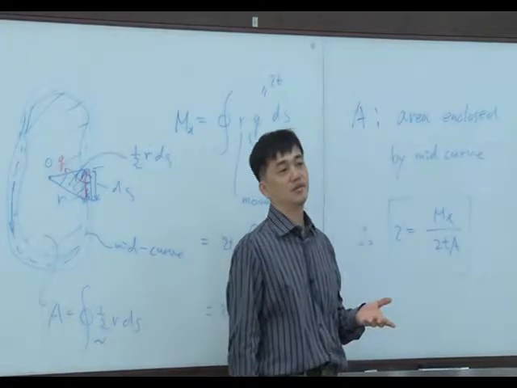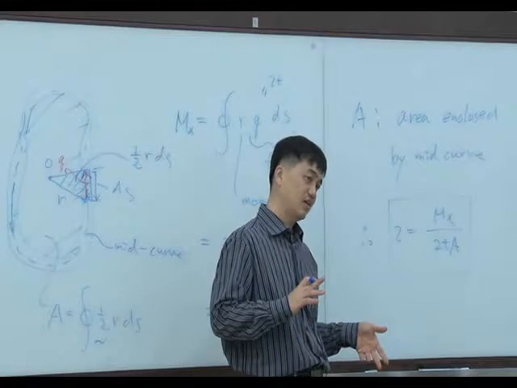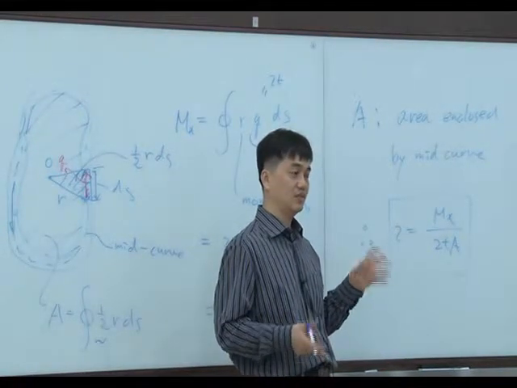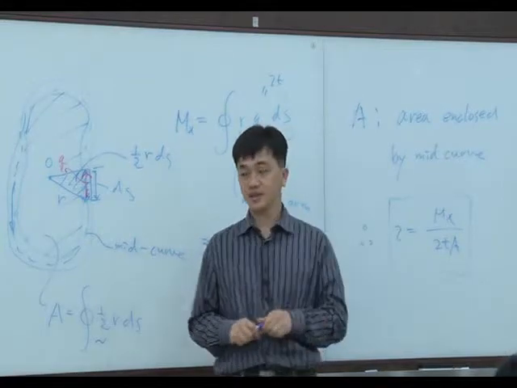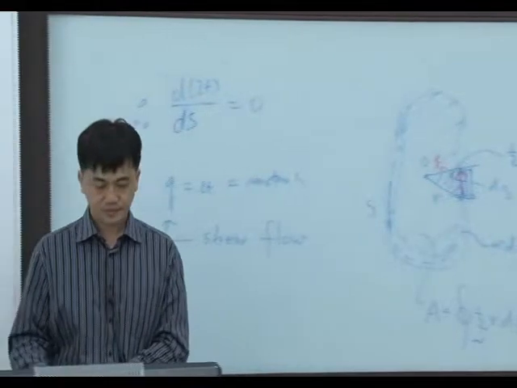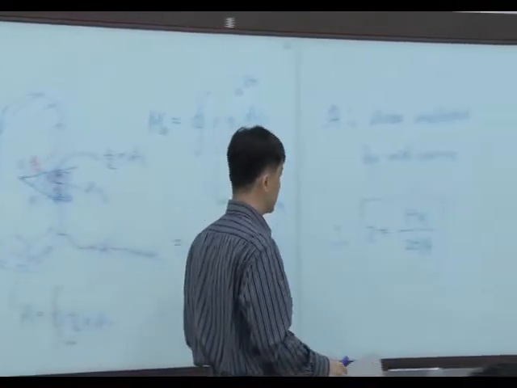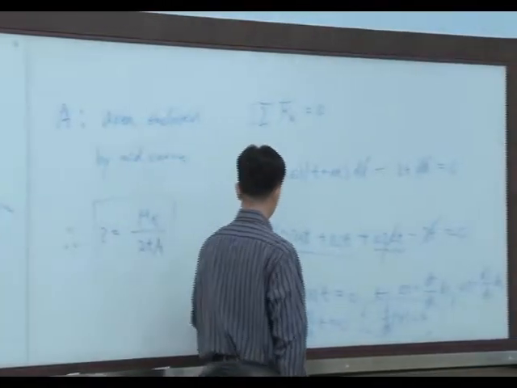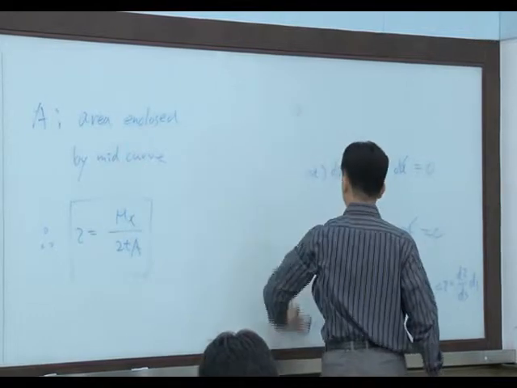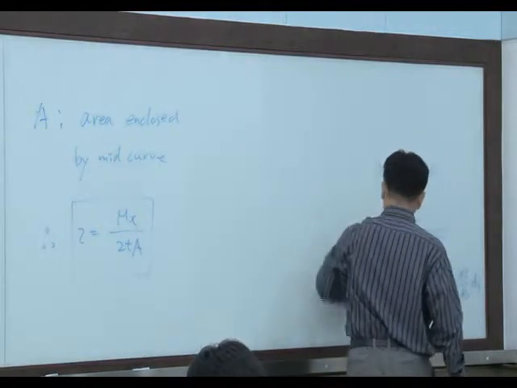Then we need to calculate the relation between shear strain and twisting displacement. That's a normal procedure we used before. But today I would like to use a slightly different procedure based on energy, because in this case, the energy method is much easier.